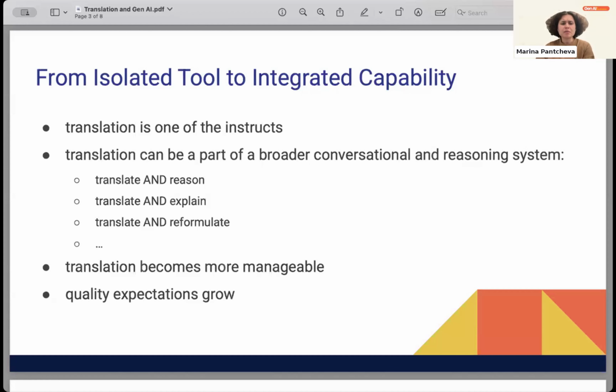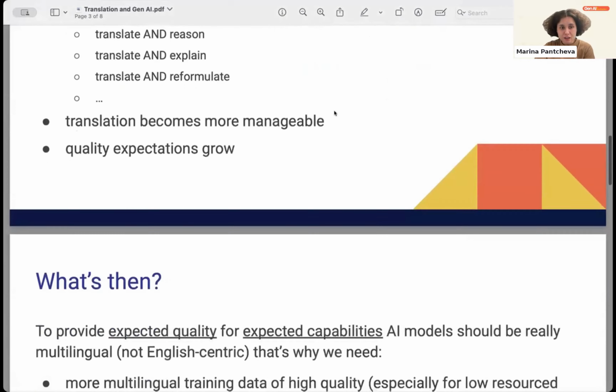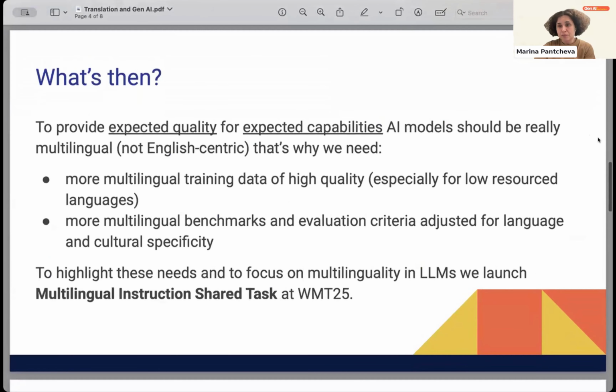But as skills grow, quality expectations from users and also from the research community also grow. It's not enough for the translation to be fluent and accurate. It should be more human-like. It should cover all the scenarios and so on. So what then?